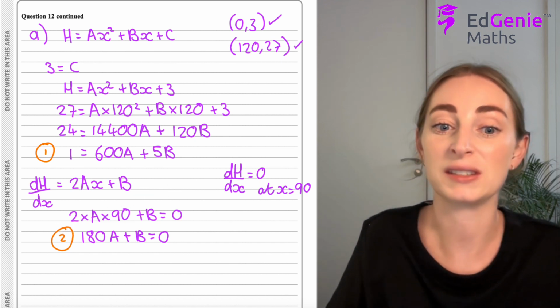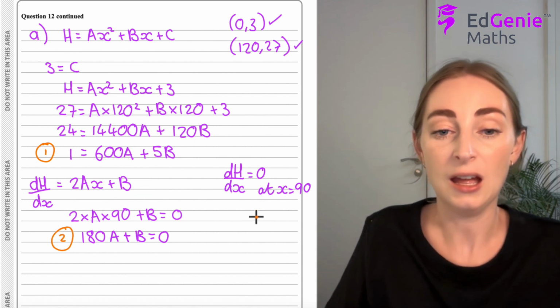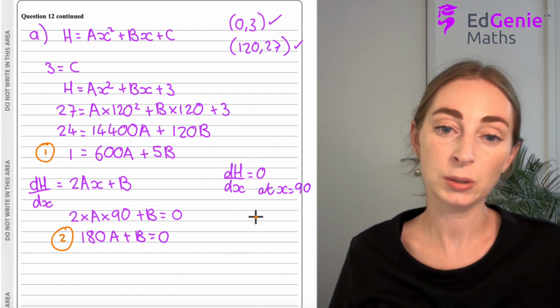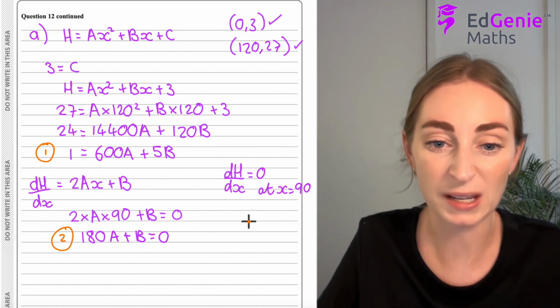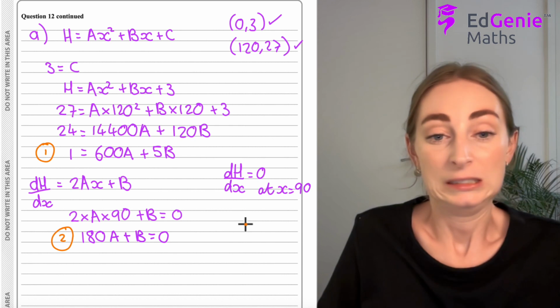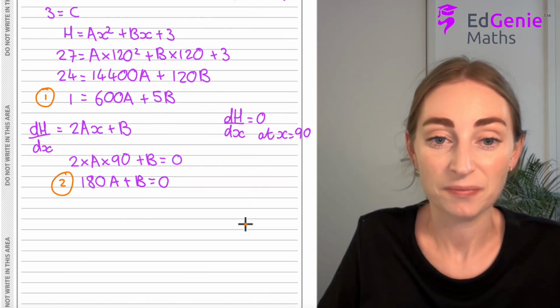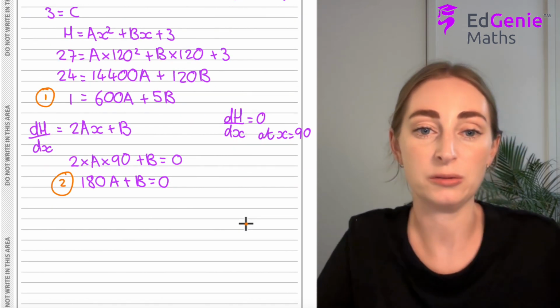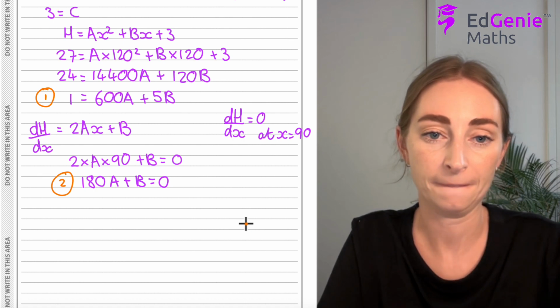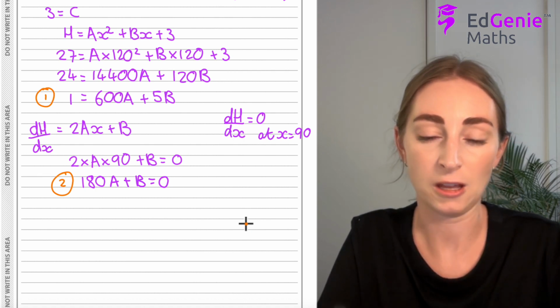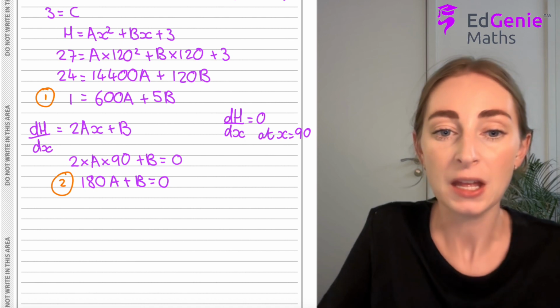So we have got one equation here, second equation here. Now we're going to use our simultaneous equations. Do we want to do elimination or do we want to substitute one in? It's up to you, really. I think I'm going to substitute in because, yeah, I think that would just be easier.